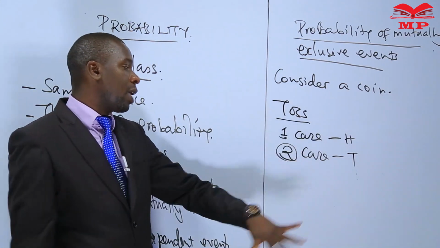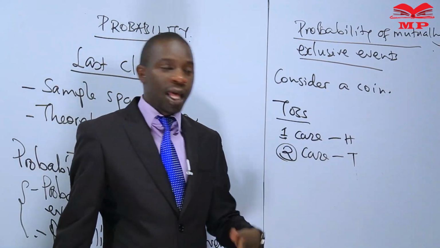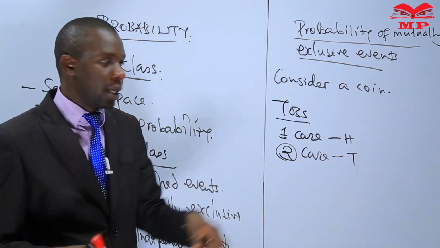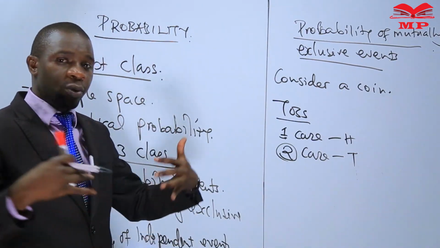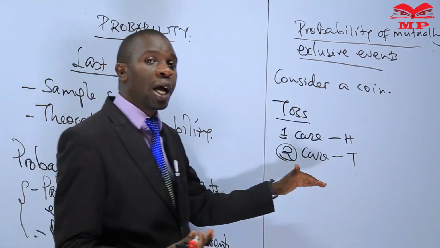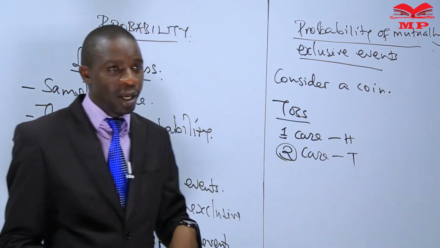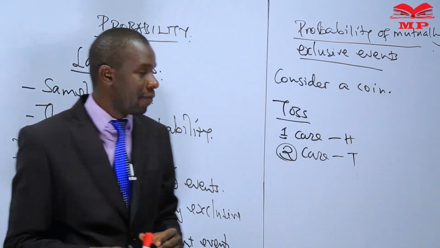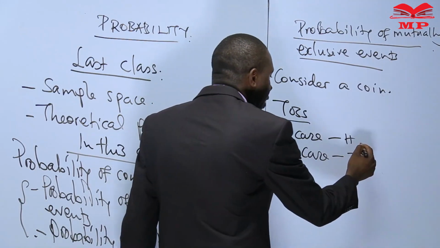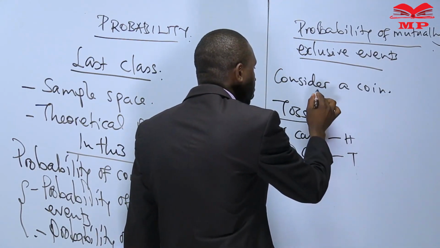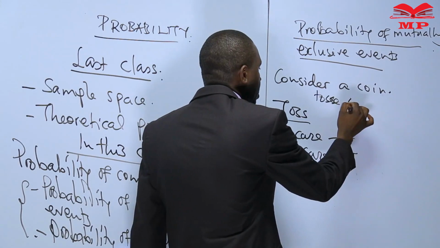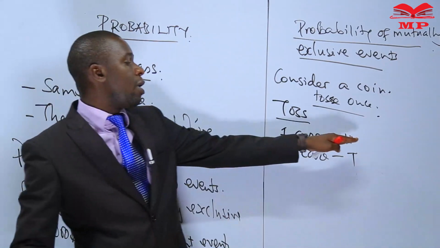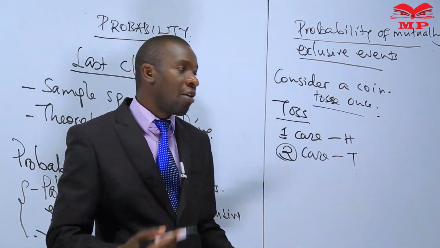The order doesn't matter. So the sample space has only two outcomes, head or tail. When you throw a coin, you cannot have a head and a tail at the same time. You can only have a head or a tail. So if you toss a coin once, you are going to have either a head or a tail.